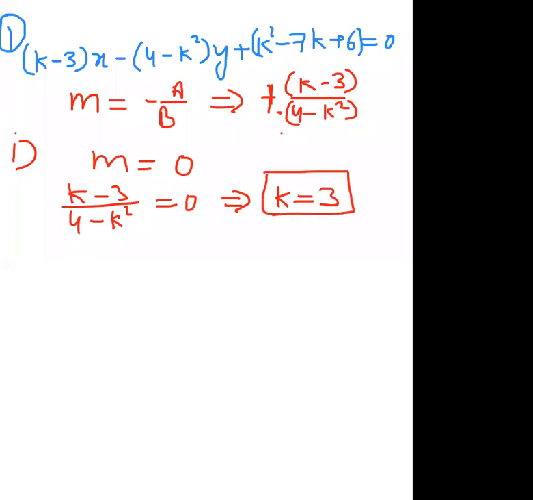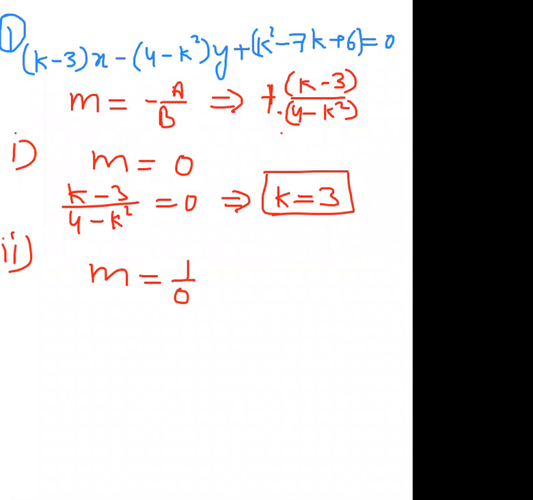Second case, parallel to y-axis. Parallel to y-axis means the slope will be 1 upon 0. A line parallel to y-axis will have slope 1 upon 0.